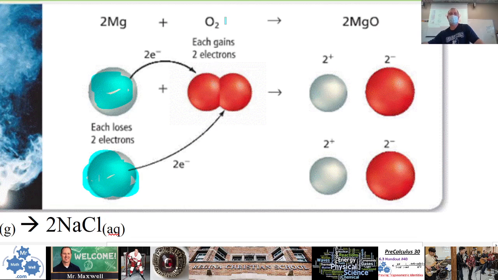How do we know that? Because MgO is an ionic compound. You know that magnesium forms a 2+ ion, and oxygen forms a 2- ion. That's the reason why it's written Mg1O1, because of the +2 nature and the -2 nature, right?